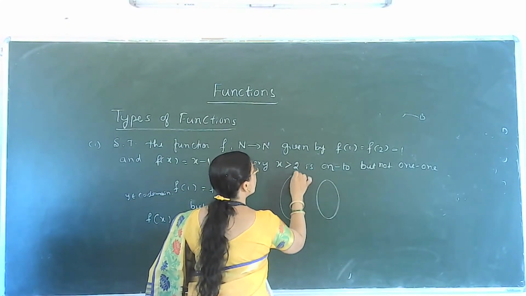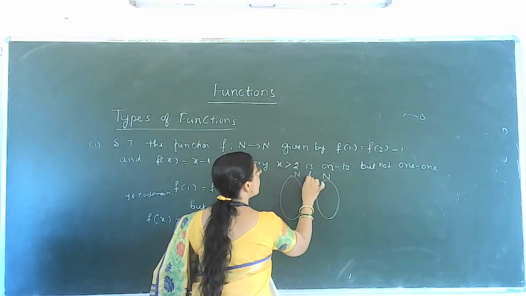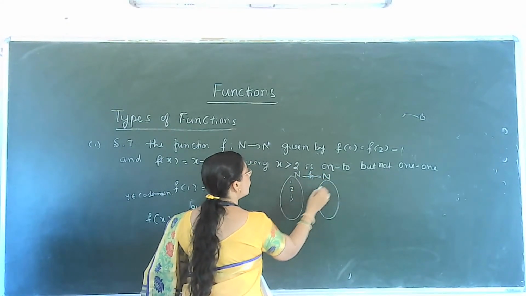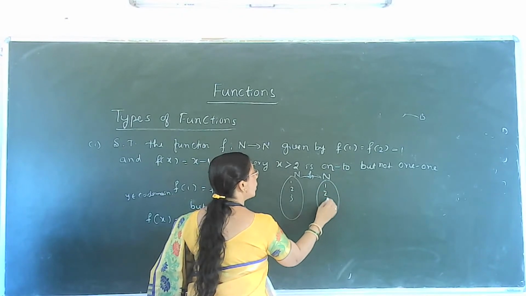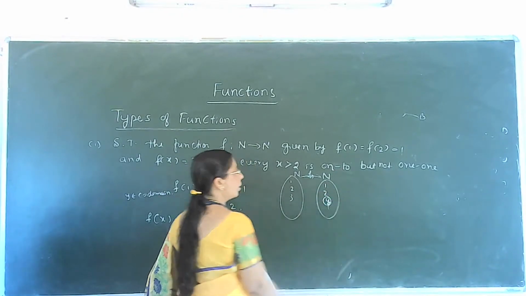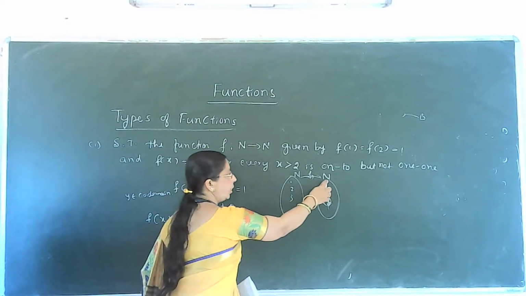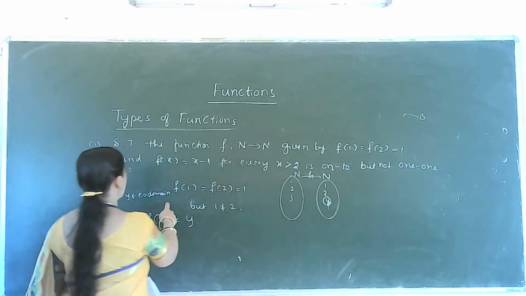The function is from N to N. Here 1, 2, 3, 4, and here also 1, 2, 3, 4. Here y is, say, 11, which belongs to N in the codomain.